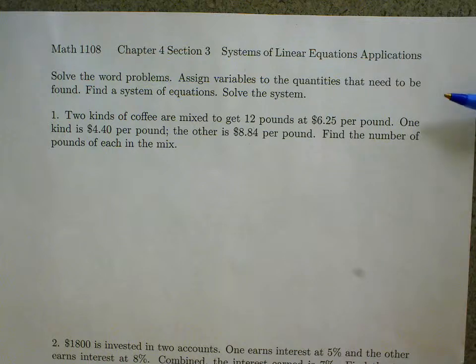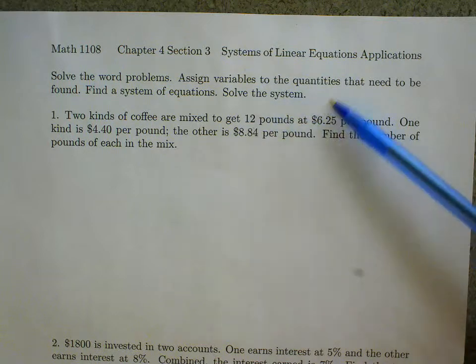Just a reminder of the procedure when solving these kinds of word problems: determine what you need to find, assign variables to those quantities, and then find a system of equations and solve that system.